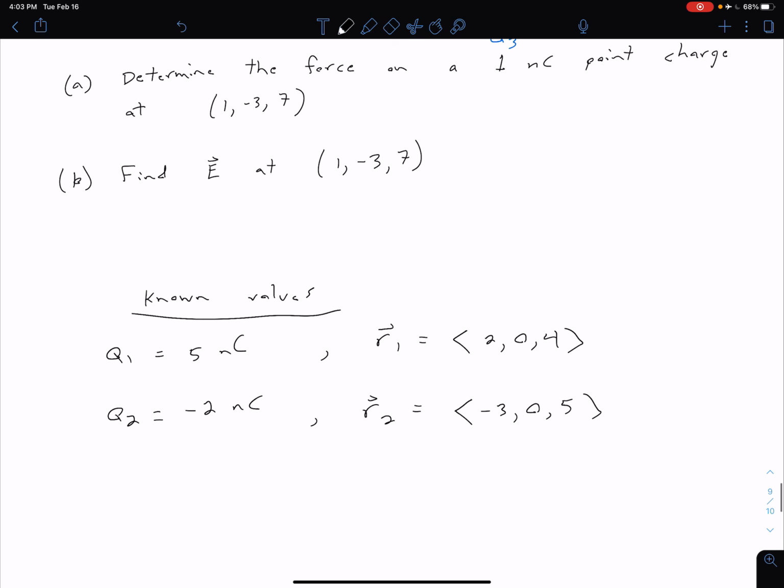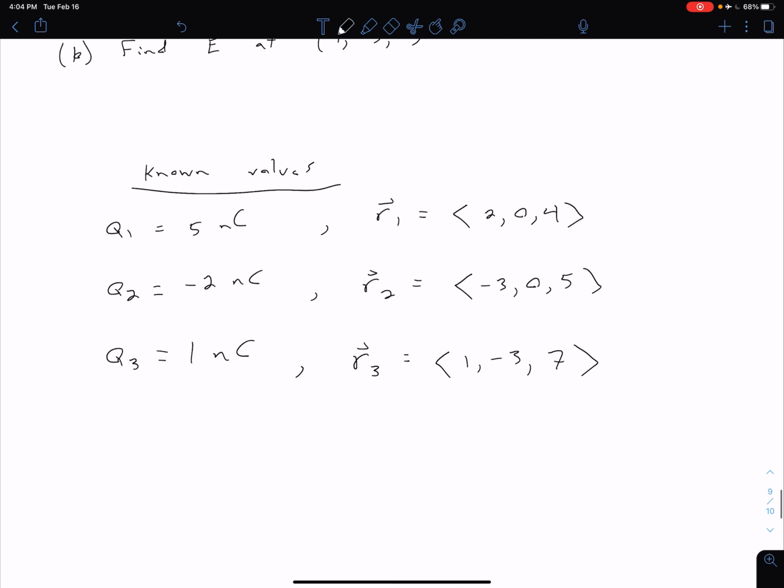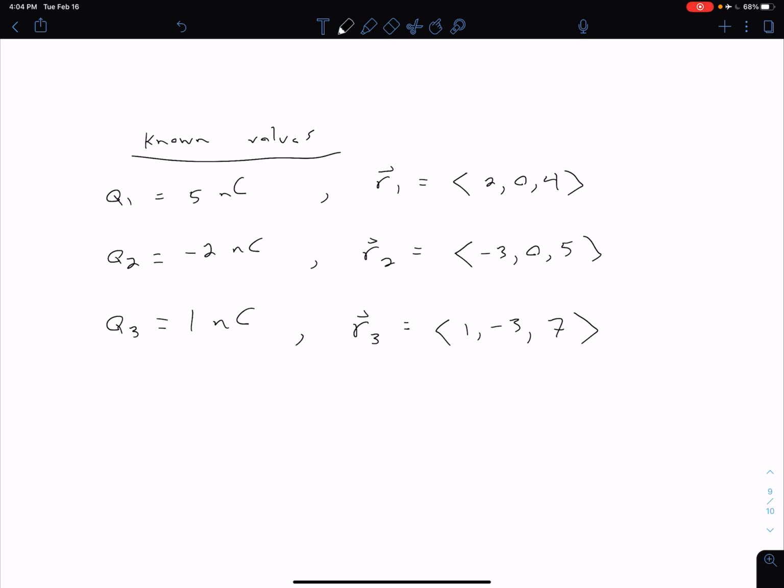And then finally, for part A, we're dealing with this third point charge, Q3, which has a value of 1 nanocoulomb, and it has a position vector R sub 3, which is equal to 1, -3, and 7. Again, keep in mind these angle brackets indicate we have vectors, whereas above here, just normal parentheses is a point.